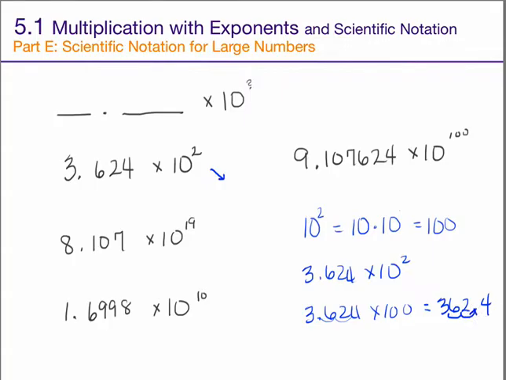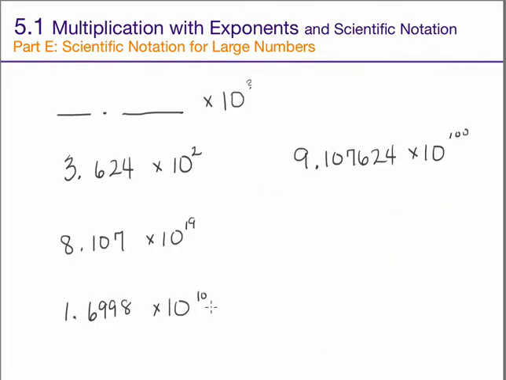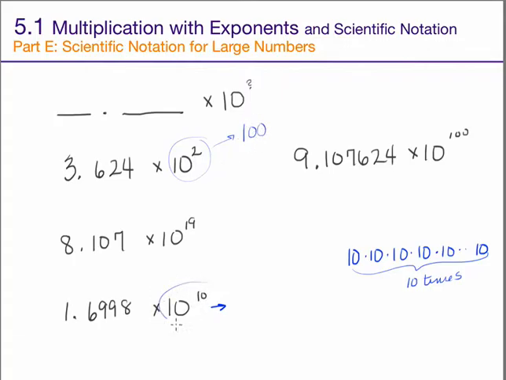Let's look at one of our other examples. 10 to the 10 is 10 times itself 10 times. If 10 times itself 2 times gives us a 1 with 2 zeros, then 10 times itself 10 times will give us a 1 followed by 10 zeros.